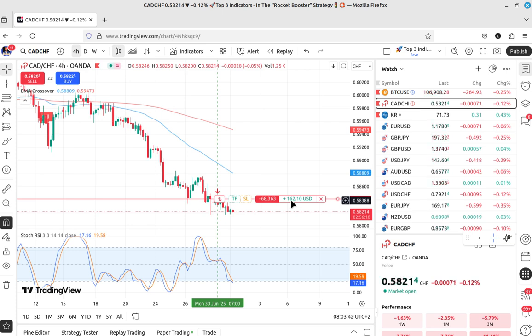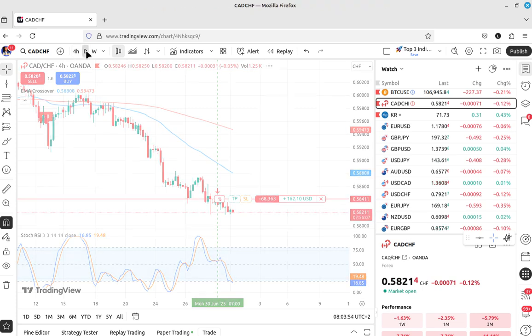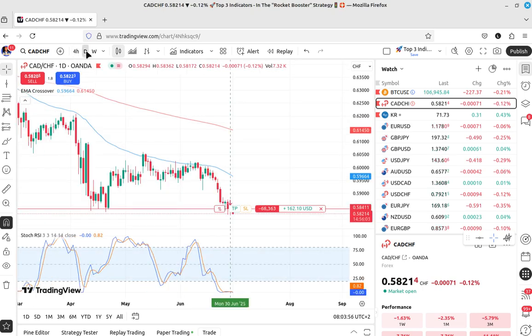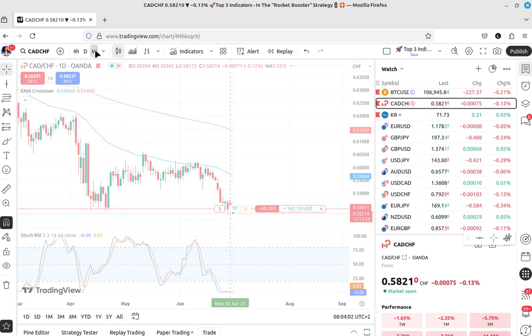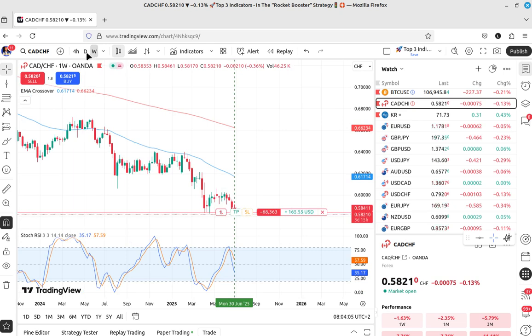This is a take profit. I don't know if there will be a re-entry, but this is definitely a take profit area. Definitely in a reversal zone.